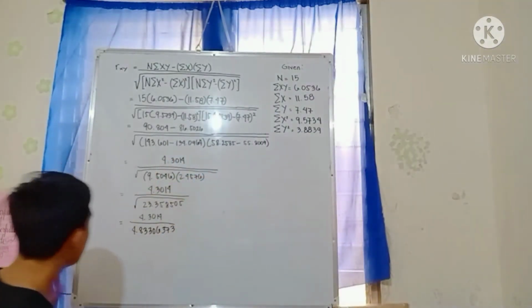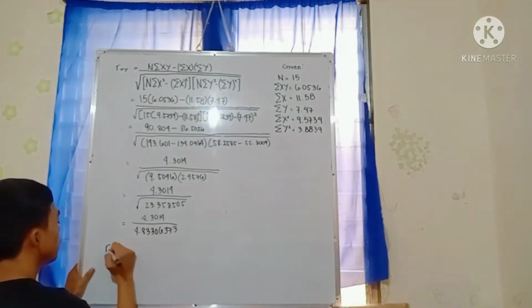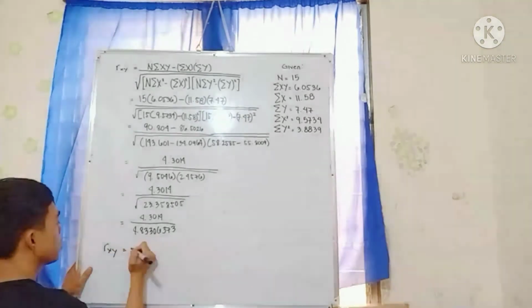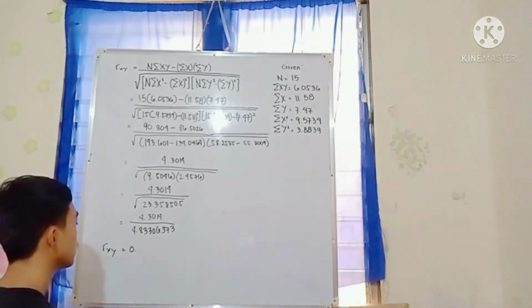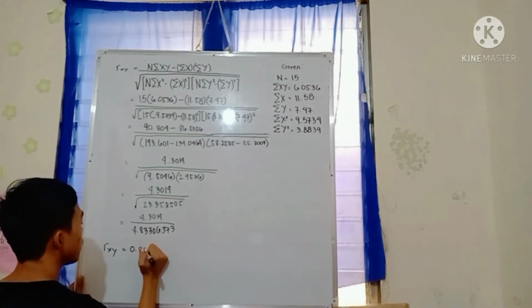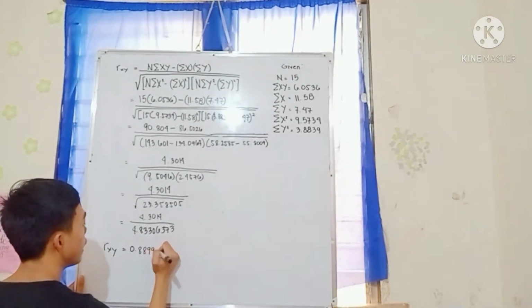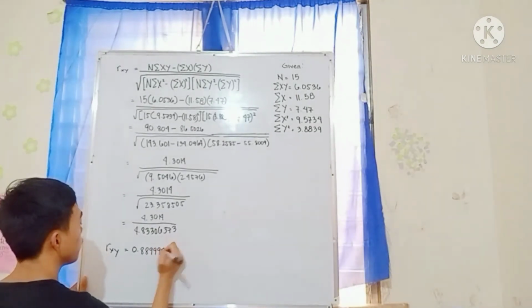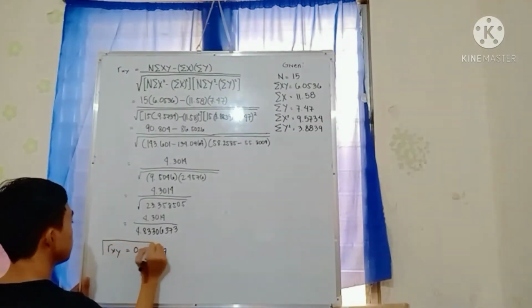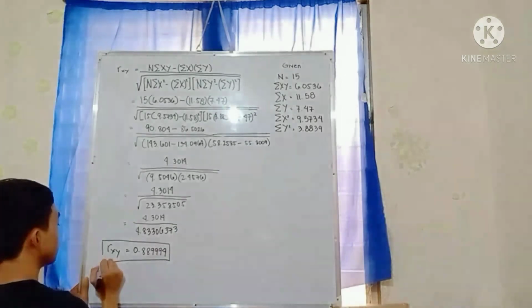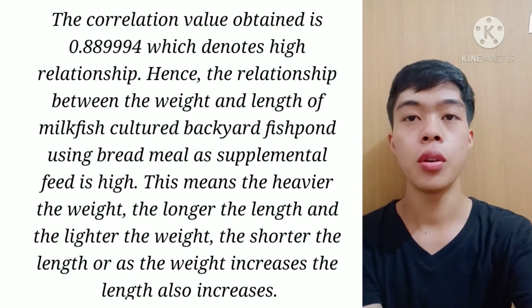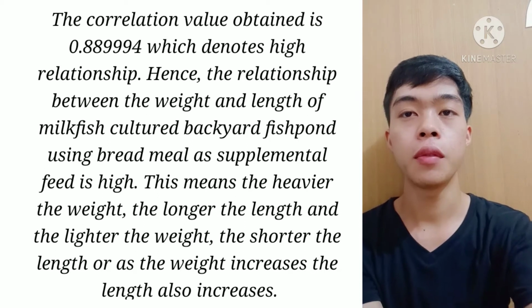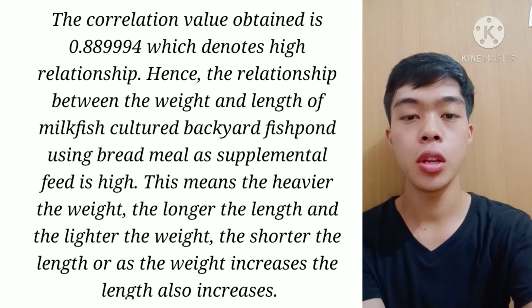So our correlation now is equal to 0.889994. The correlation value obtained is 0.889994, which denotes a high relationship.